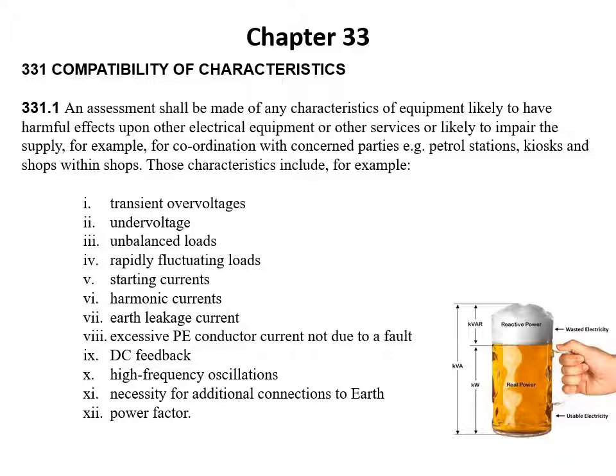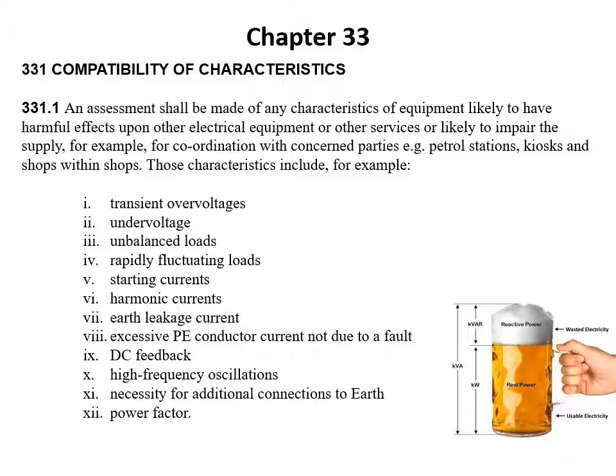Now, when we get onto compatibility, Chapter 33, we need to look at things like transient voltage, under voltage, unbalanced loads, fluctuating loads, starting currents and harmonics, DC feedback, high frequency oscillations, and the all important power factor.